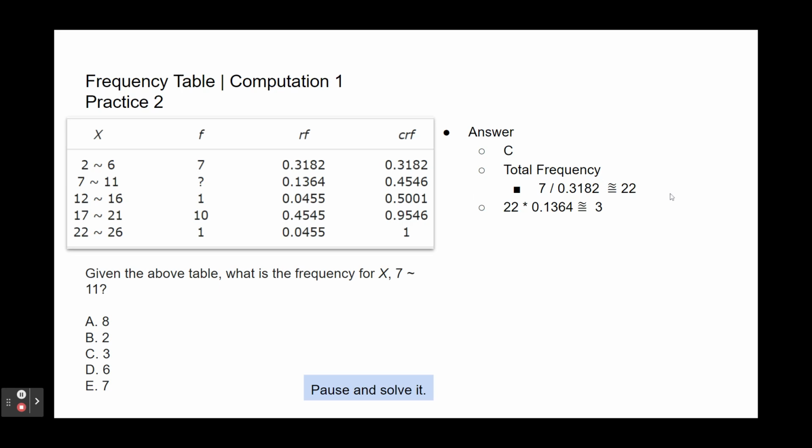Once again, calculate the total frequency first, then multiply it by the relative frequency and you get that category frequency. The answer is 3, so the multiple choice answer is C.